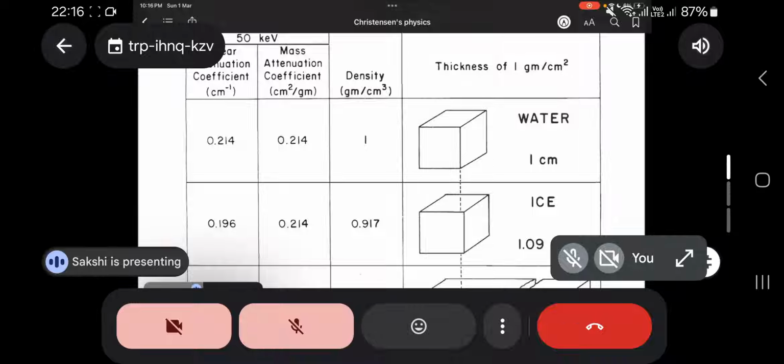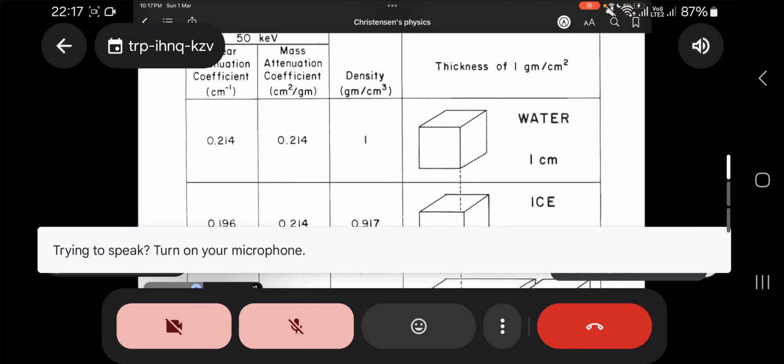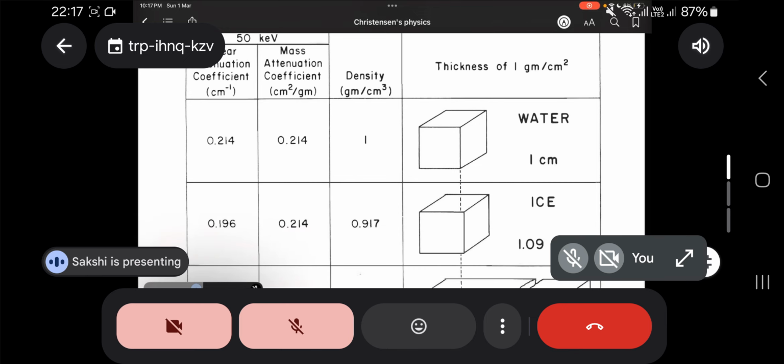And one thing I haven't got from you guys: I told you that whatever notes you have prepared till now, many of you have sent, but many of you have not sent yet. Anand, please mute yourself. So whatever notes you have prepared till now, you can clip them into a PDF and mail them to me. If you keep that on your mail, it will be easy for you to recollect it. And every day please revise it.